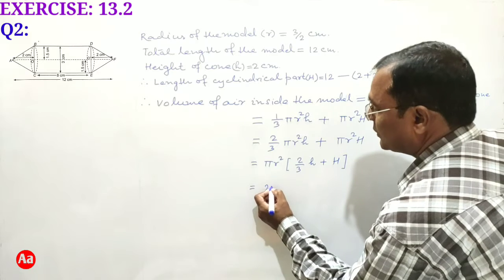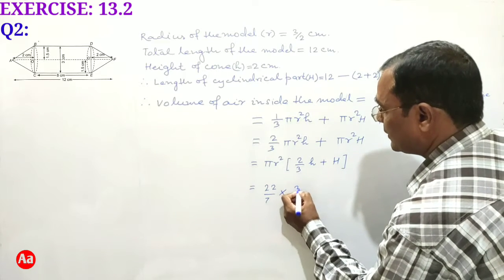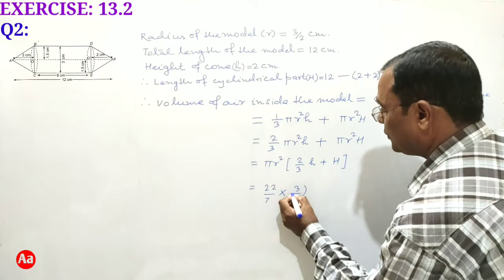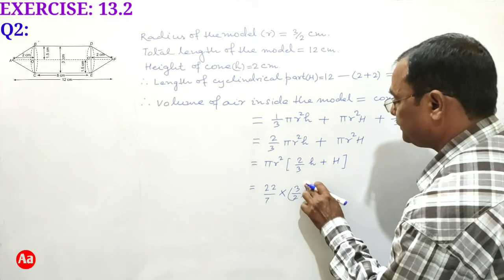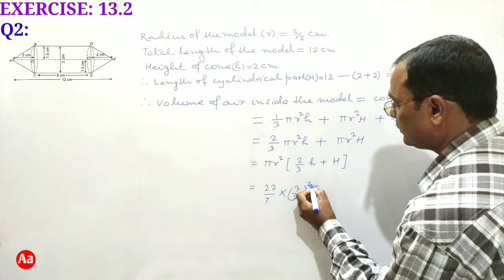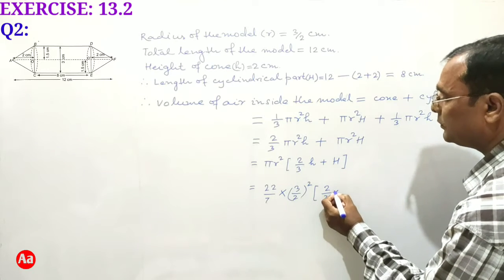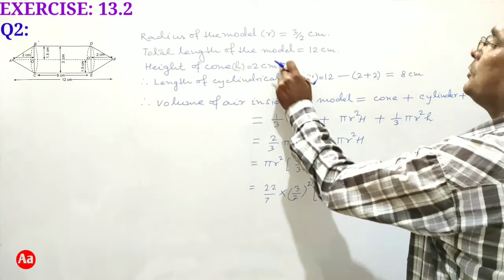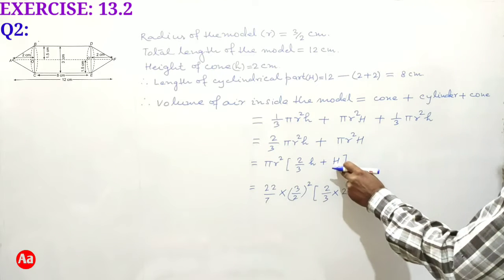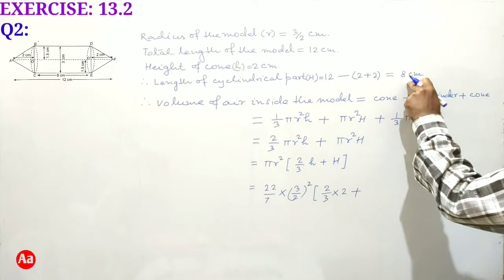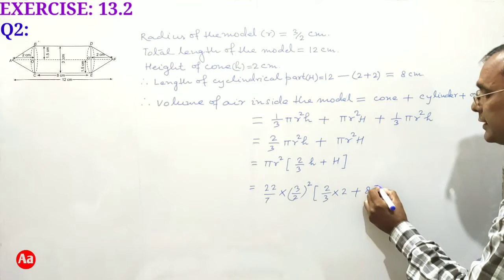So this is 22 by 7 into radius 3 by 2 whole square into 2 by 3 into height 2 centimeter plus capital H, the length of cylindrical part of the model, that is 8 centimeter.